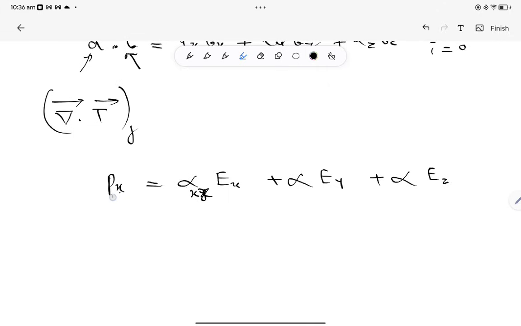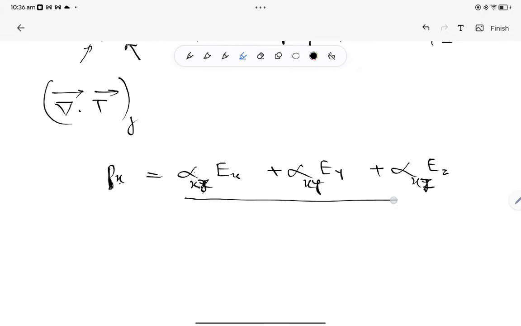Whose component is it? It is x component. Okay, x component of polarization. The second shows due to what? Due to which electric field? Due to x electric field. Then you have x component due to y electric field, x component due to z electric field. The point to be noted is that as you go along this sum, you are changing one variable, the second index.